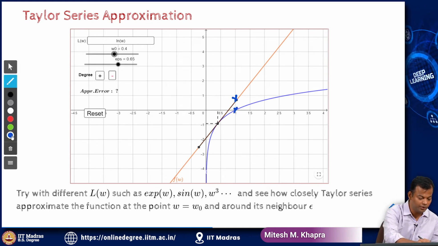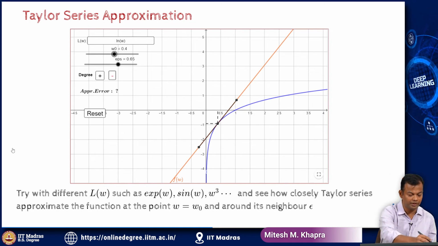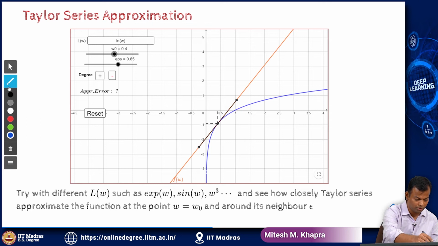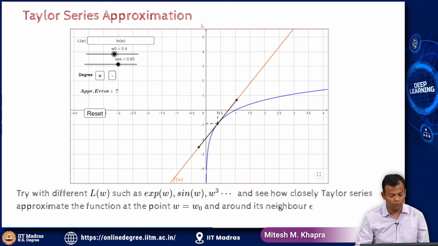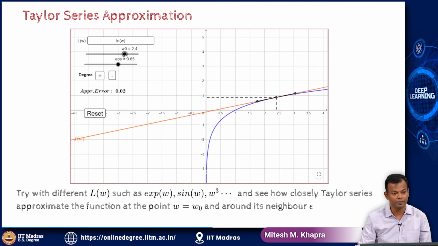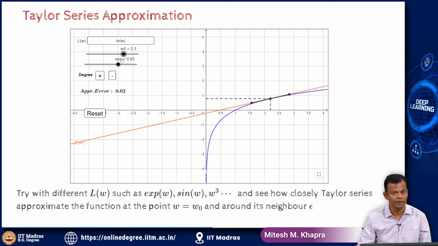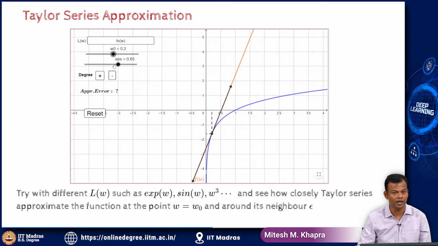Whereas with the same window, if I am in a region where the slope is small, then still the approximation is quite good. You can see that the points on the orange line are very close to the points on the blue line, because this is a region where the slope is very low. Whereas this was a region where the slope was very high.